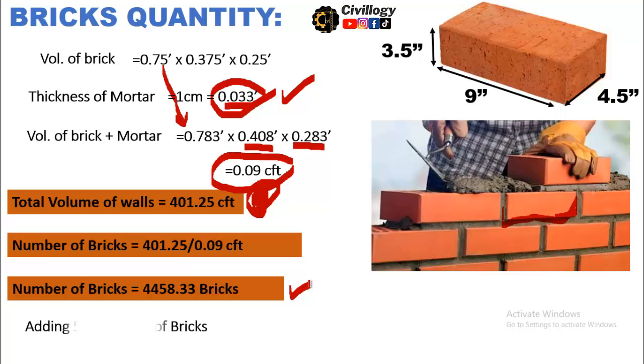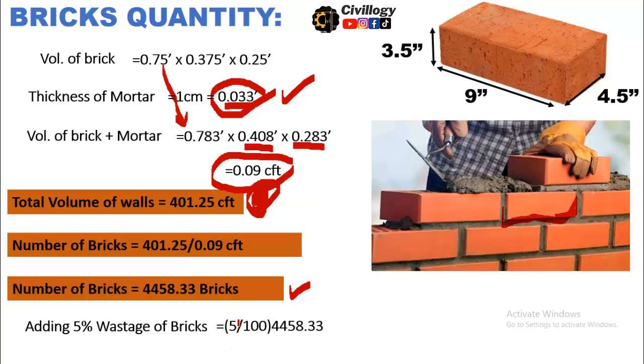But as we know, to make a better bond, we have to make the queen closers and bed joints, etc., to make better bonding of the wall and to make it stronger, some bricks need to be broken down. So there is wastage, and wastage also has to be calculated.